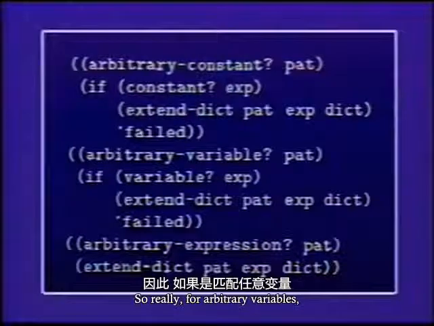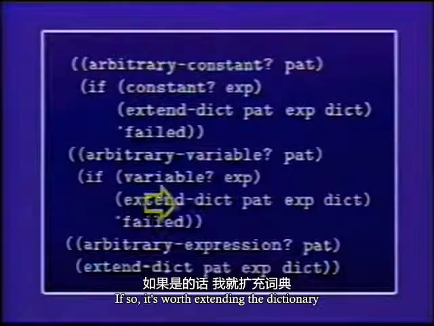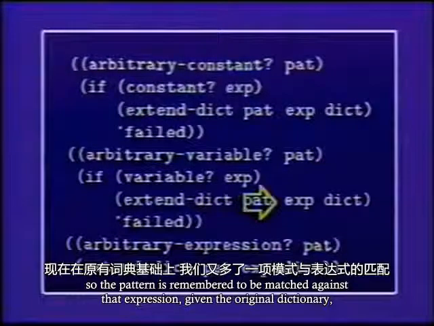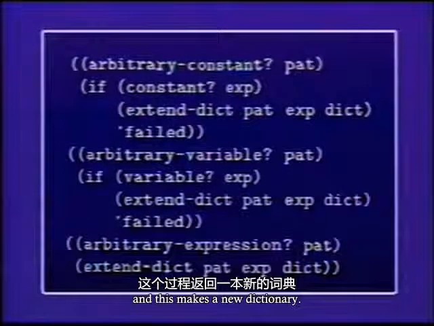Similarly, for arbitrary variables, I have to check first if the expression I'm matching against is a variable. If so, it's worth extending the dictionary so that the pattern is remembered to be matched against that expression, given the original dictionary. And this makes a new dictionary.